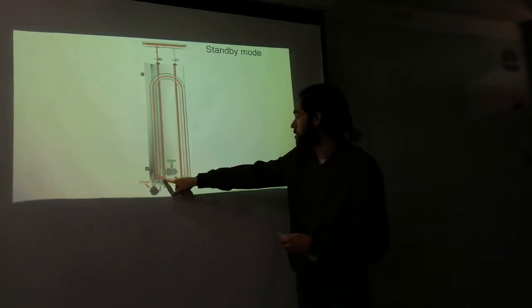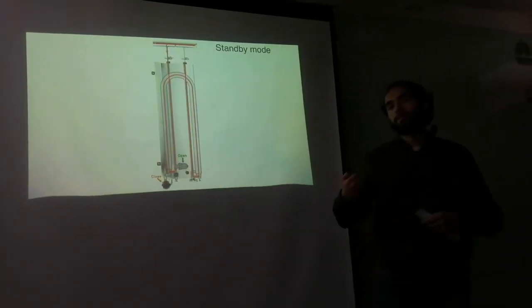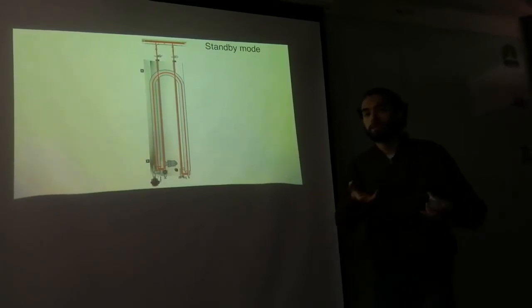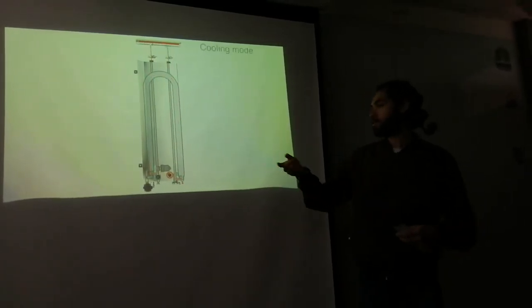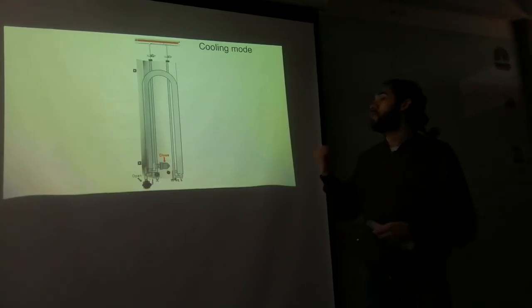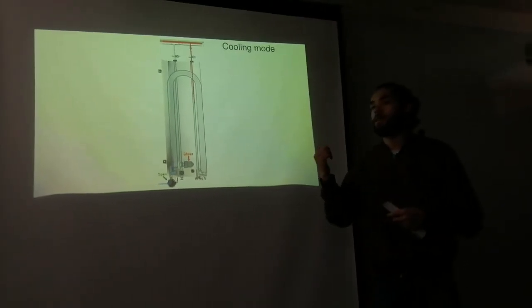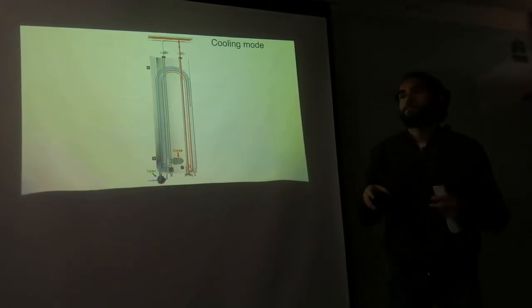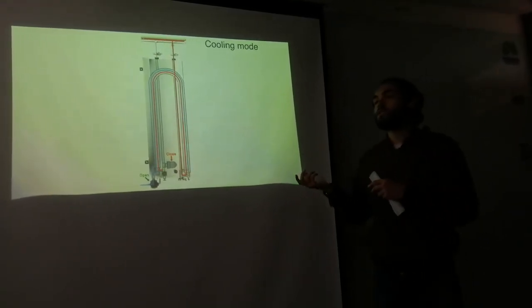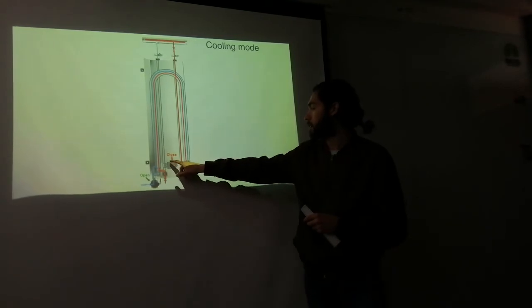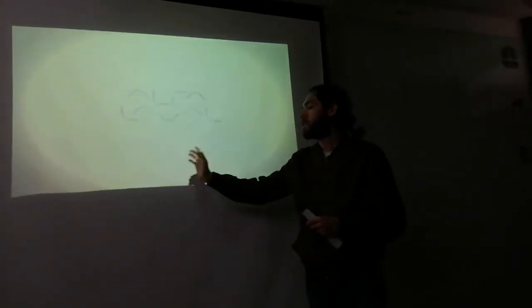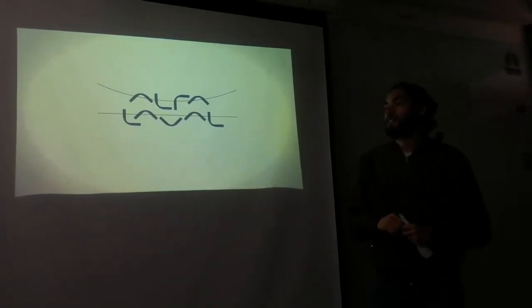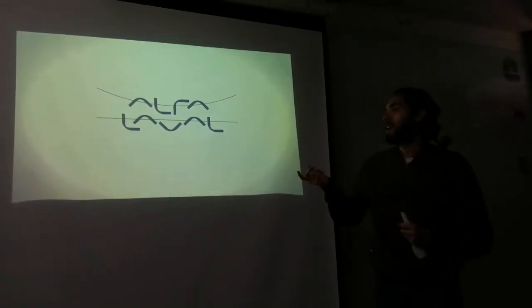You can open that and remove the product if you need to. The cooling mode is activated by an air switch, which closes the recirculation valve and opens the cooling water valve. So that's all of this.